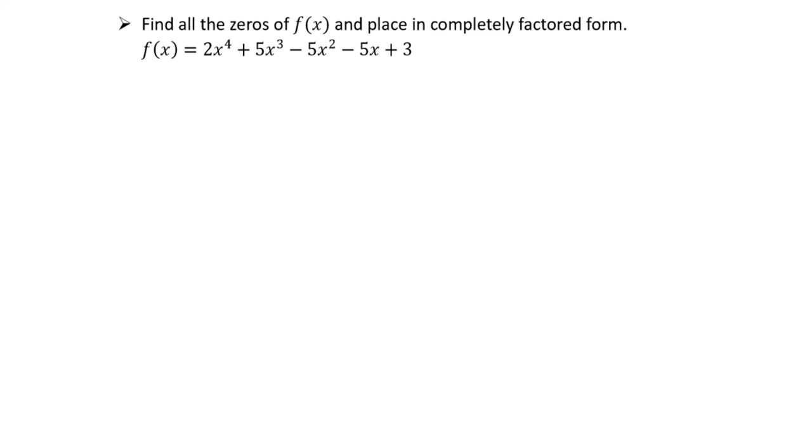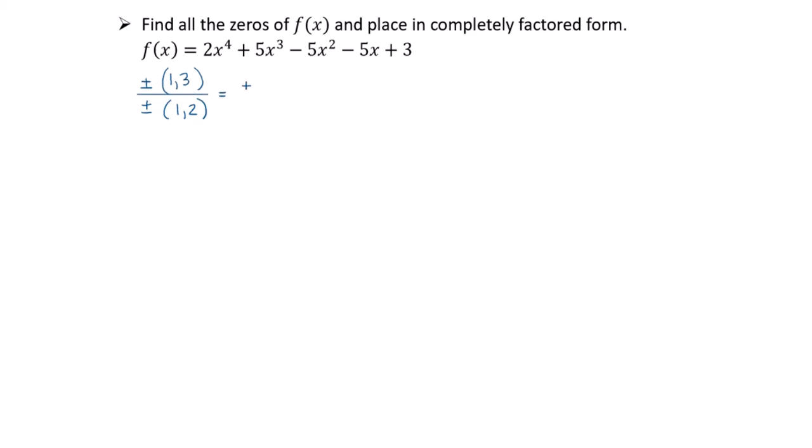The rational roots theorem says that all of our factors that are rational will be of the form factors of the constant term, so that'd be plus or minus 1 and 3, divided by factors of the lead coefficient. So that is plus minus 1 and 2.